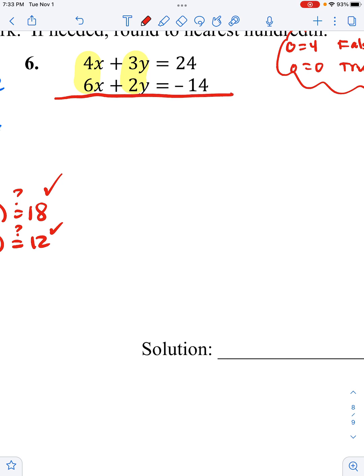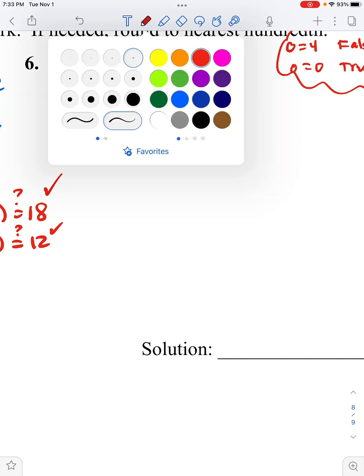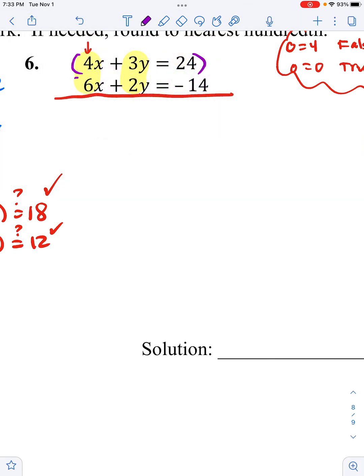So let's say that I want to match these two up. You might multiply by 6 and 4 to turn them both into 24. I like to keep the numbers small, if I think of it. So I'm going to turn them both into 12. So I'm going to make the top be by 3, and then I'm going to use a -2 on the bottom, because this top will become a 12x, and then here 9y.